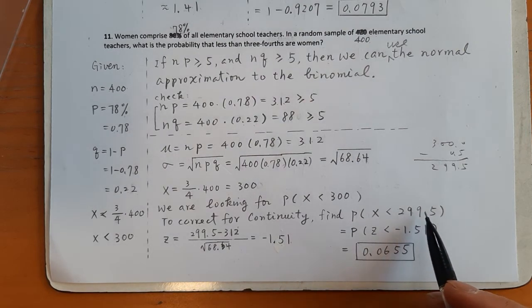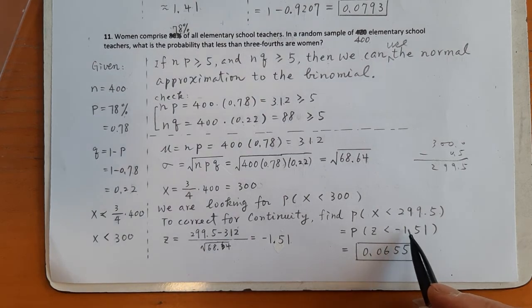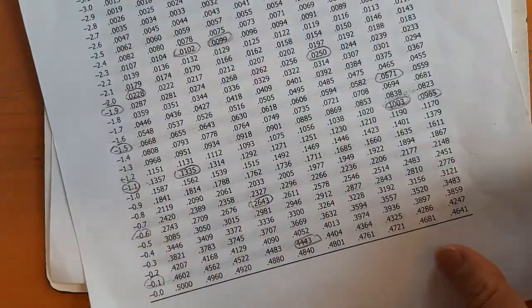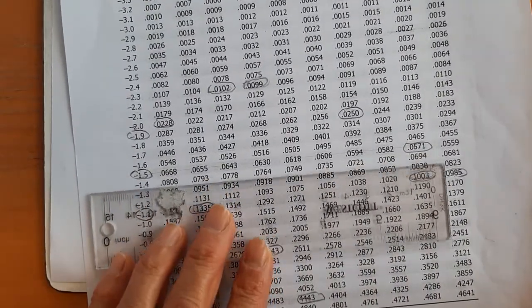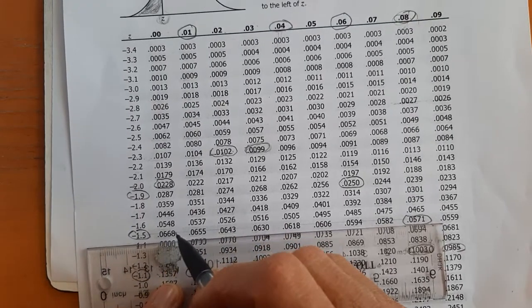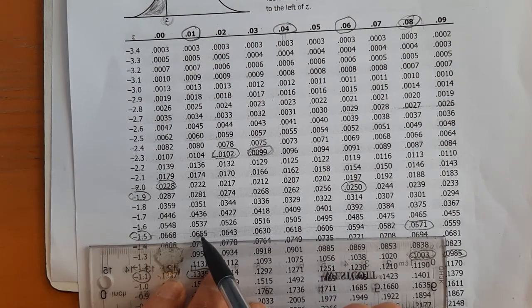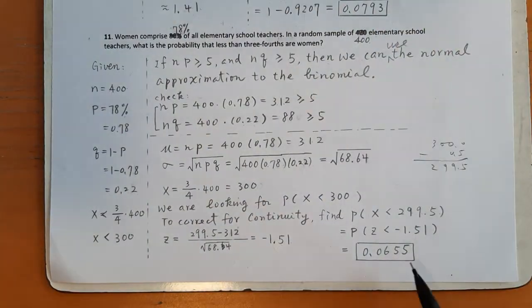So less than 299.5 corresponding z-score is negative 1.51. Then use the negative table, negative 1.51. This is negative 1.50. Then negative 1.51 here is 0.0655. Let's get the answer.